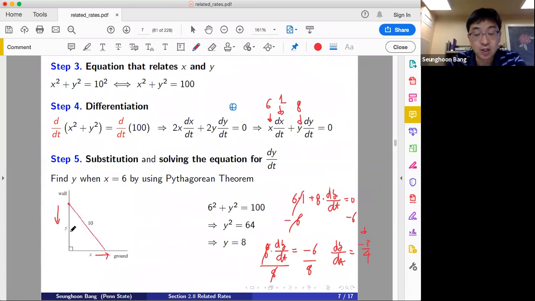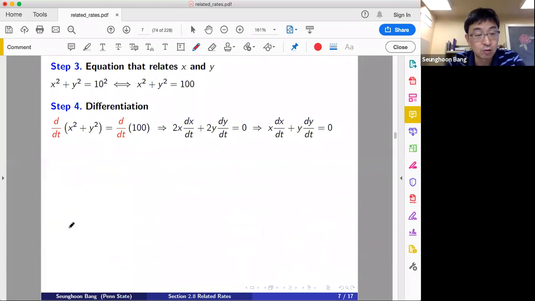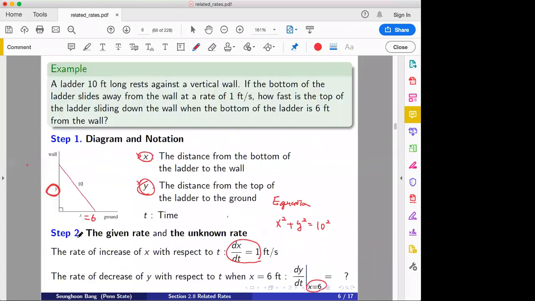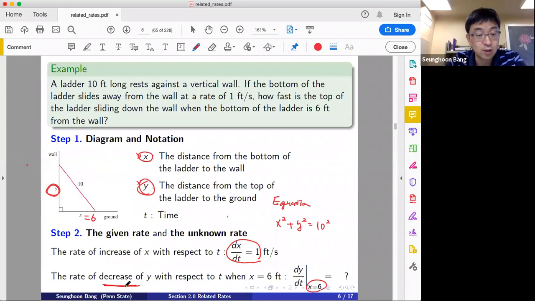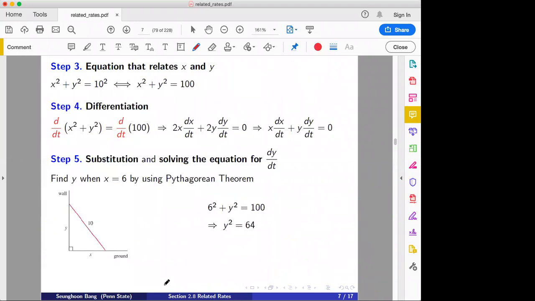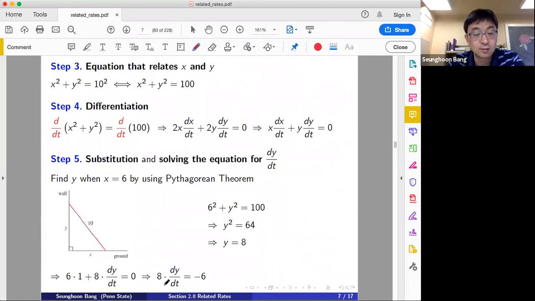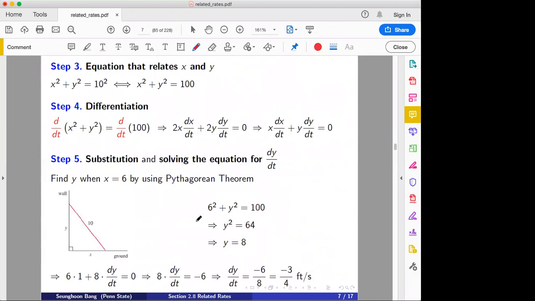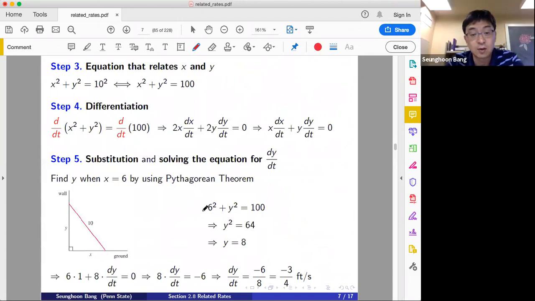The y value is decreasing. The rate of decrease of y is always a negative number. So we have negative 3/4 foot per second. That's it. This is the whole idea for solving this problem.